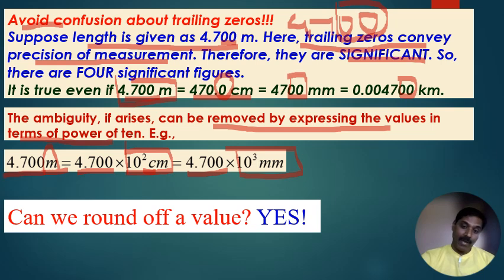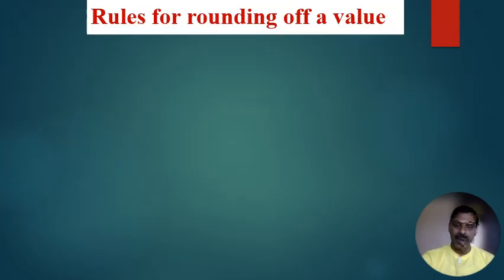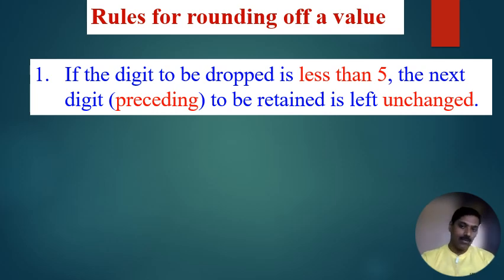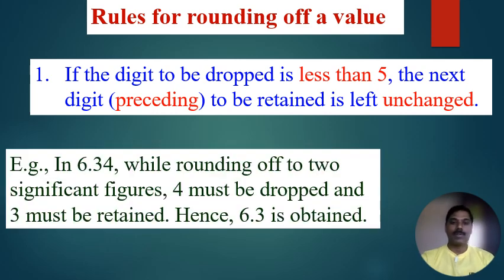Can we round off a value? Yes, it is possible to round off the value of a physical quantity. Let us understand those rules. If the digit to be dropped is less than 5, the preceding digit to be retained is left unchanged. Take an example so that you will understand better.